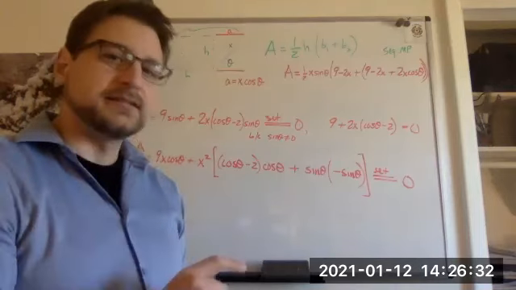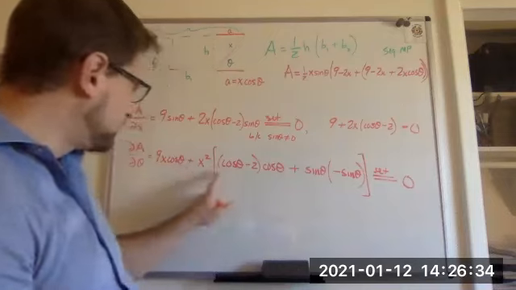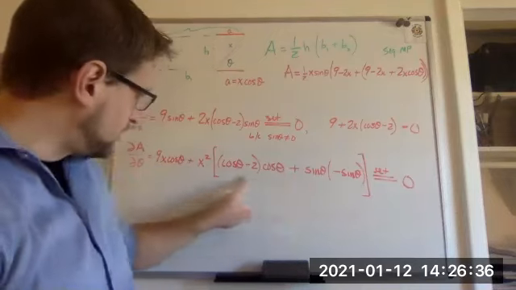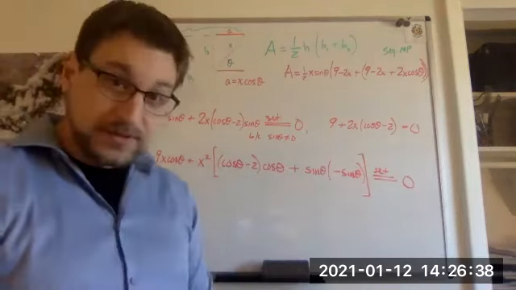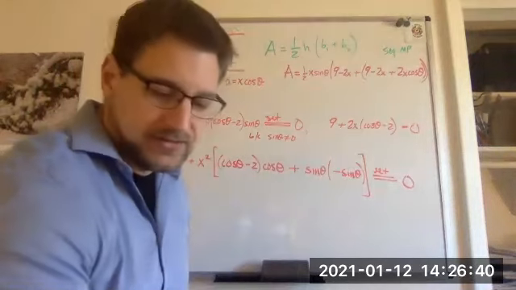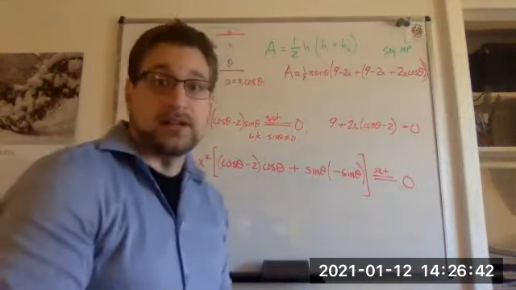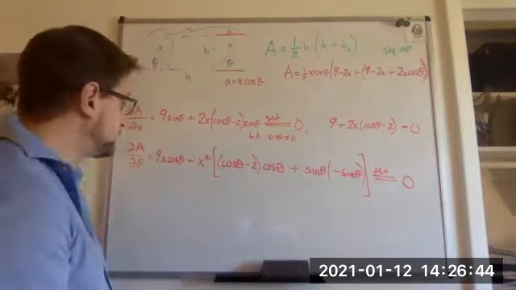I'm not sure yet if I'm going to be able to do that, but this thing here in square brackets makes me think that there is some simplification I could do before I try to solve the system of equations.